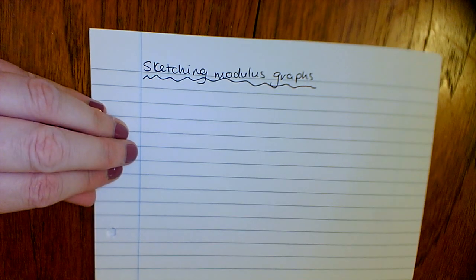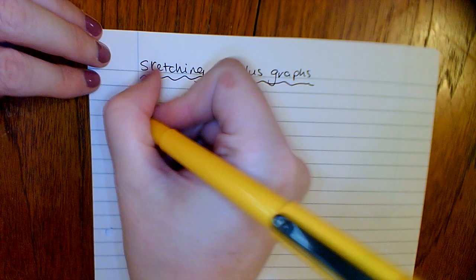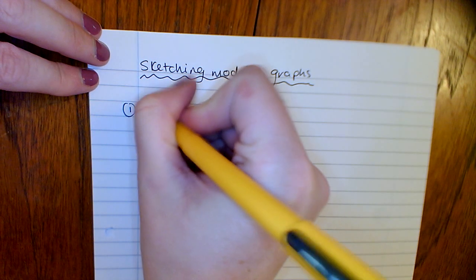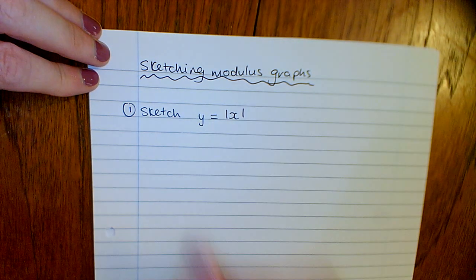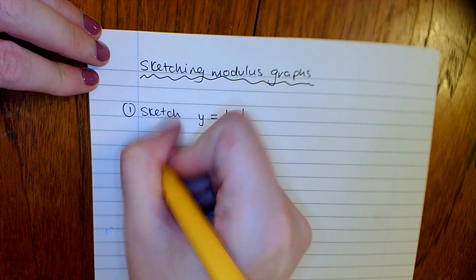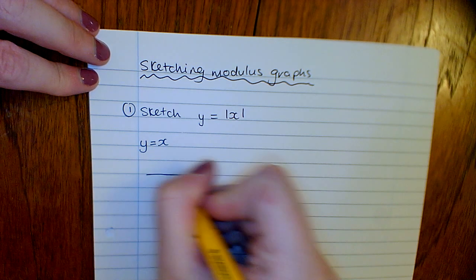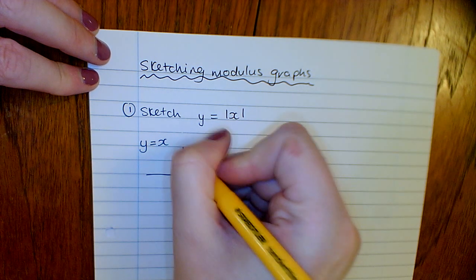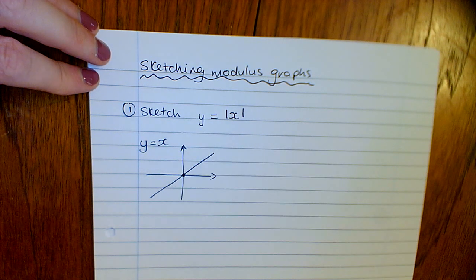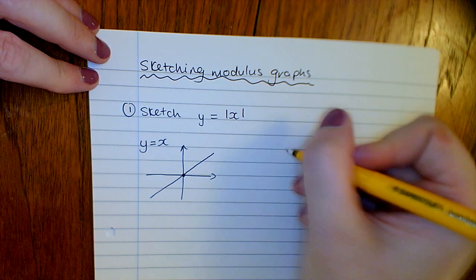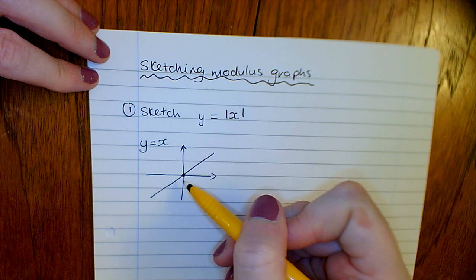Okay, our next part is sketching modulus graphs. We'll start with our first one, and we're going to sketch y equals the modulus of x. The first thing to do is to draw what the graph would look like without the modulus. So draw the graph y equals x. You should know it goes straight up and goes through 0, the point on the x-axis, that's the important one.